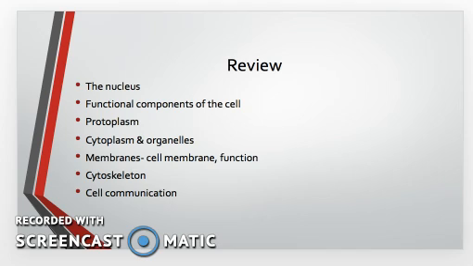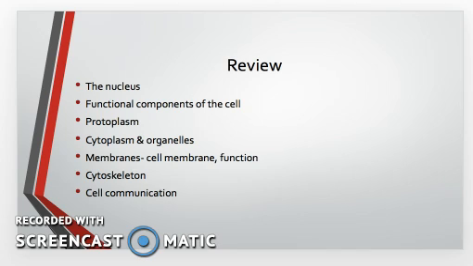It's got to be the outermost part. Anyway, I don't know exactly what she wants us to review where it says membranes and cell membrane. The next thing is the cytoskeleton, like I said, on page 70.